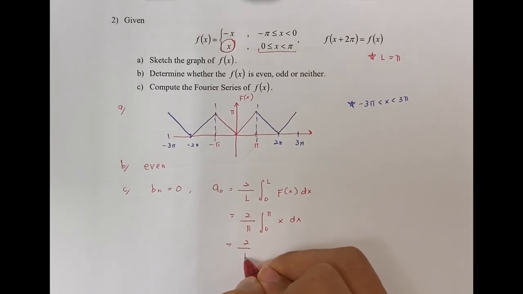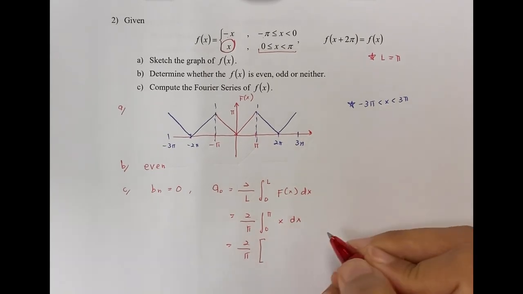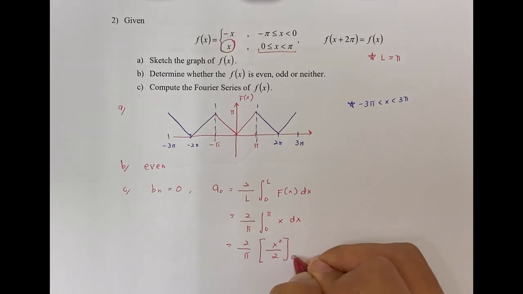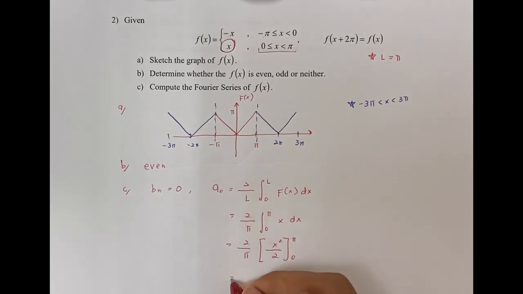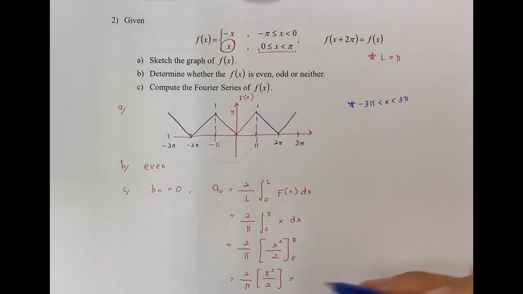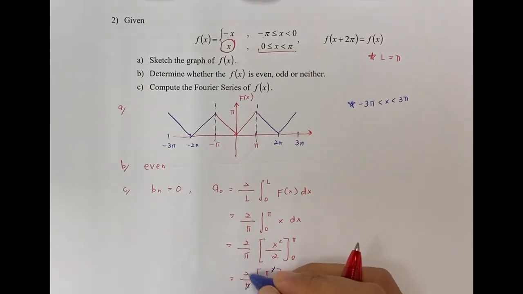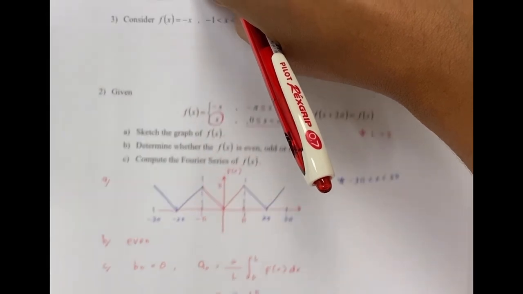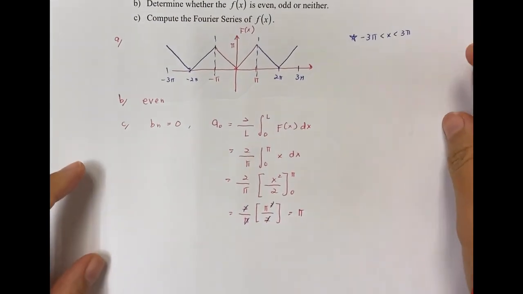So 2 over pi, x square over 2, 0 to pi. So you have 2 over pi, pi square over 2. You can cancel this. Your a naught is equal to pi.